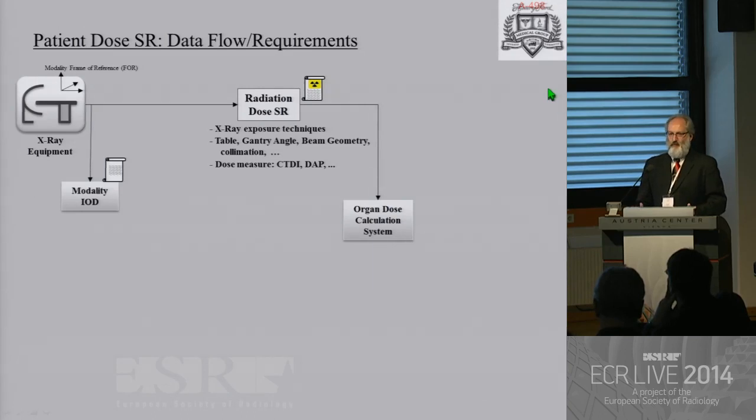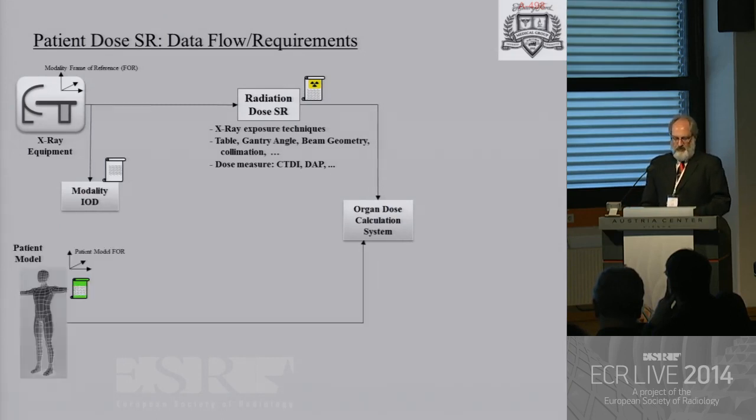We as physicists then may have to take that information to a fetal calculation or something else. If we're dealing with CT and other things, we may say, well, I'm going to use a patient model, and I'm going to use one of these systems out there that uses a Monte Carlo of a patient model, and I'm going to estimate an organ dose. Well, there's nowhere to put that inside the standard right now, so we think we need that, and we're going to have to figure out how to get that in there.